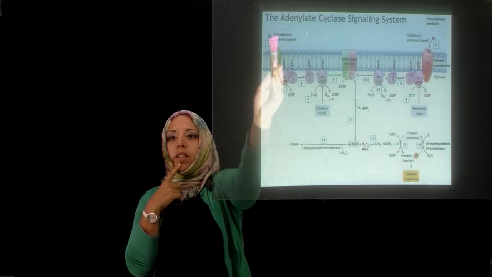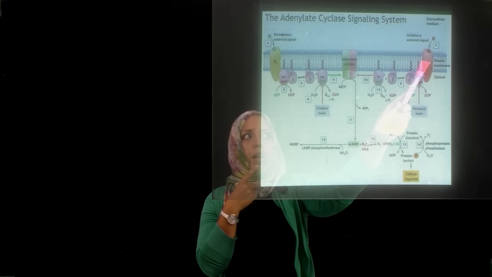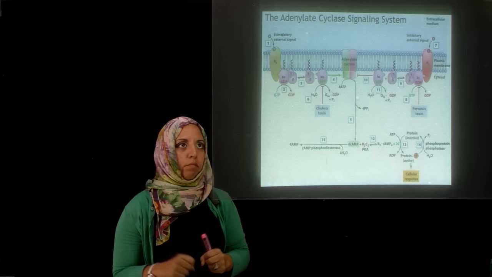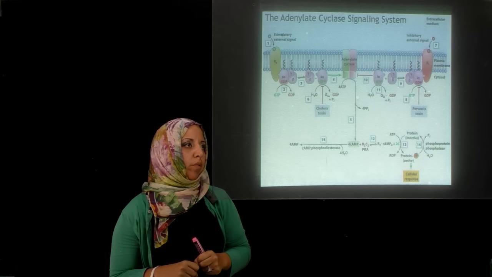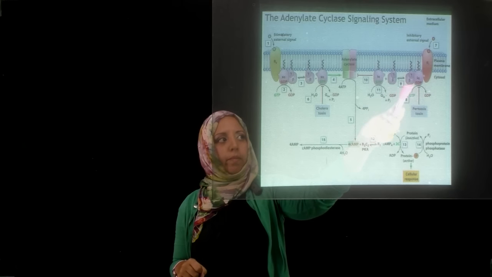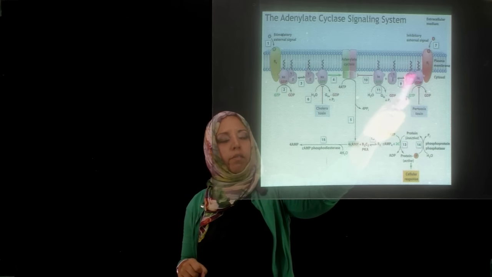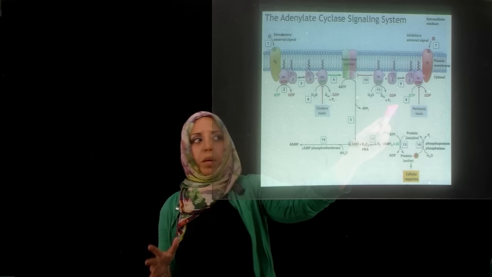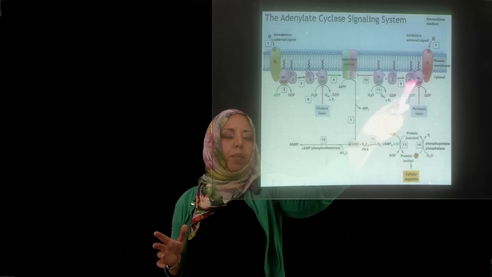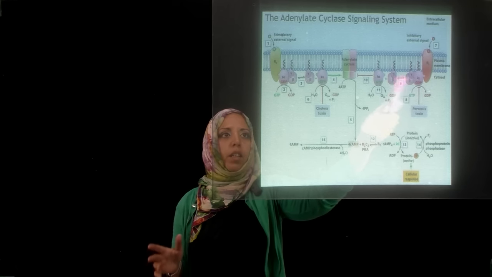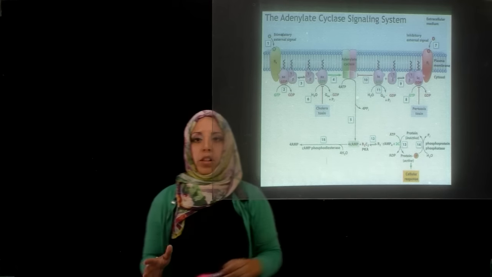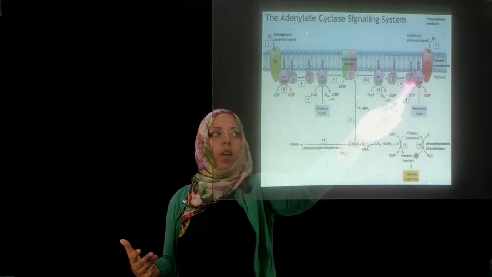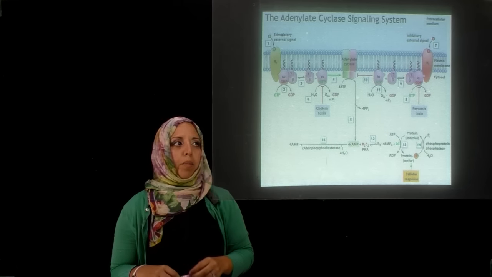It could also be that the signaling molecule itself was bound to an inhibitory receptor protein. The first set of events will still be the same, where it will cause the heterotrimeric G protein to displace its bound GDP by GTP, thereby activating it, and then it will separate the beta and the gamma subunits from the alpha subunit.